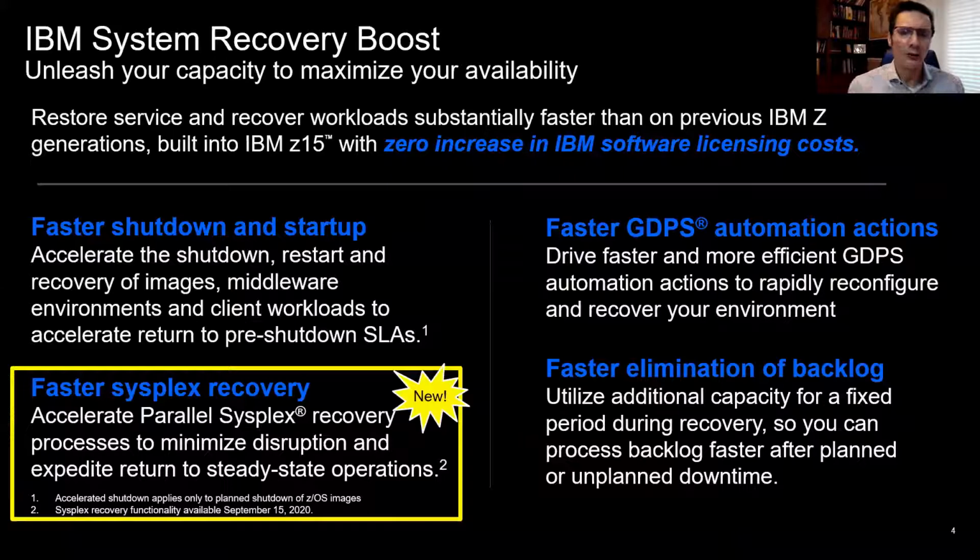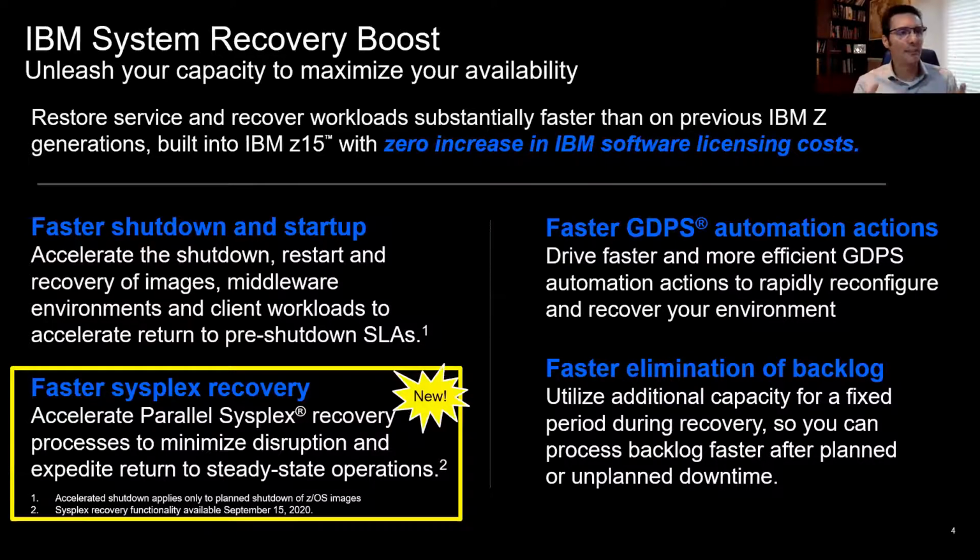Just as a quick overview of what System Recovery Boost is, System Recovery Boost really allows you to maximize your availability and try to reduce these outages or disruptions in your workloads substantially faster than on previous Z boxes, right? It's built into z15.